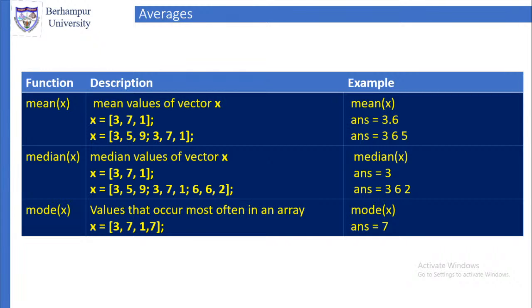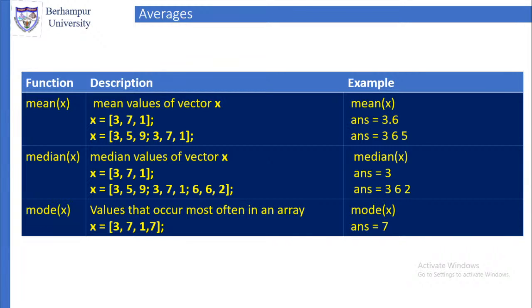So here we have 3 numbers: 3, 7, 1. Arranged in order, 1, 3 and 7 are the numbers. Now we have an odd number of them, 3 numbers. If you have an odd number, then divide by 2 and round up to get the position of the median number.